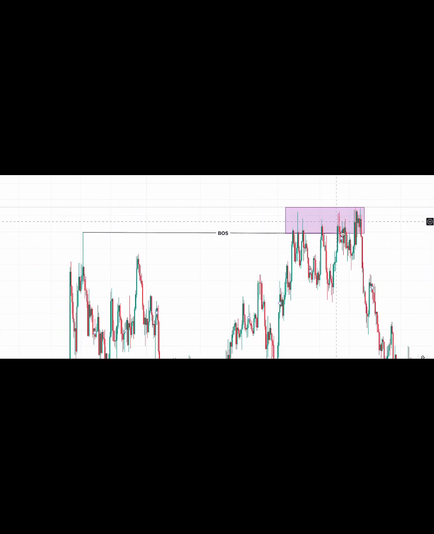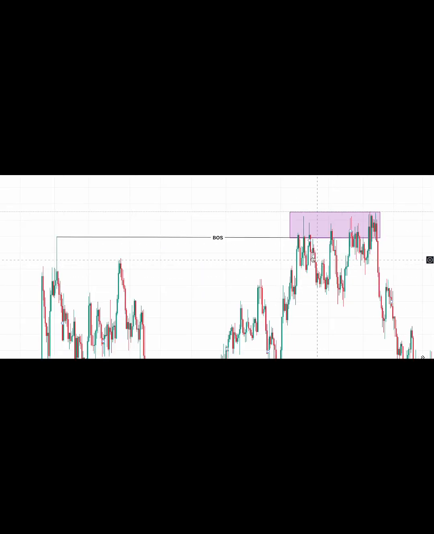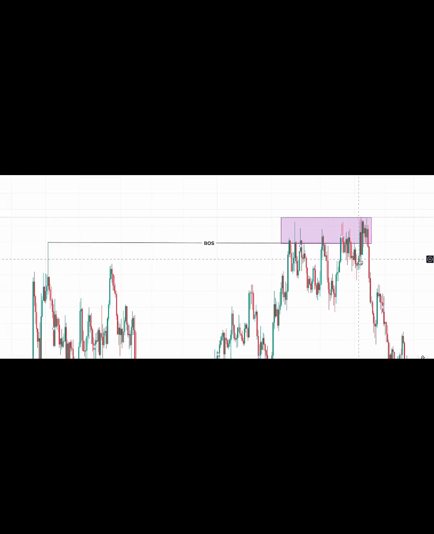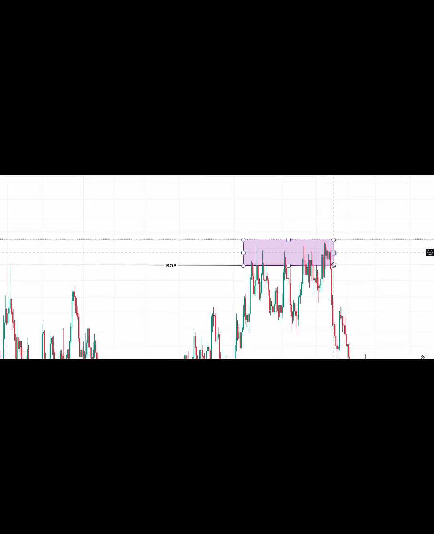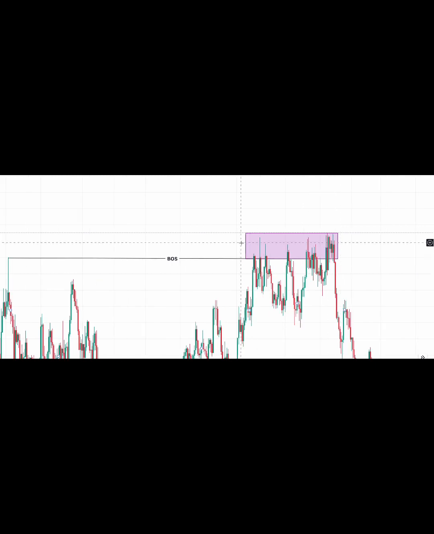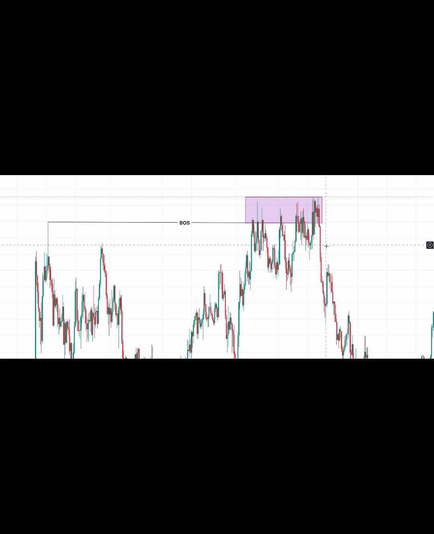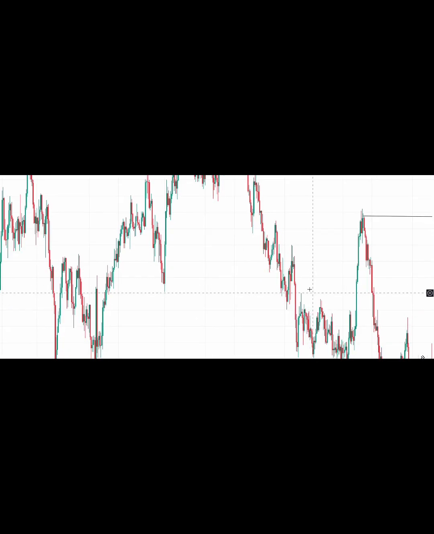You can see the market was staggering here, unable to be firm, break and continue the trend. Doing a lot of sideways, touch, back to the range, touch and back to the range again. That means here we have a very strong seller defense, and the buyers are unable to break through. At the end, the price was pushed all the way down.